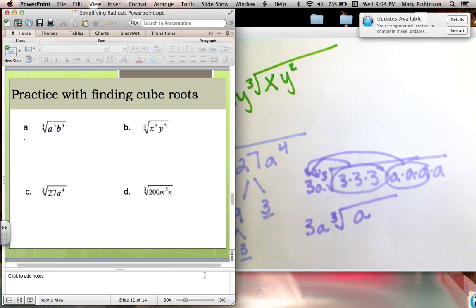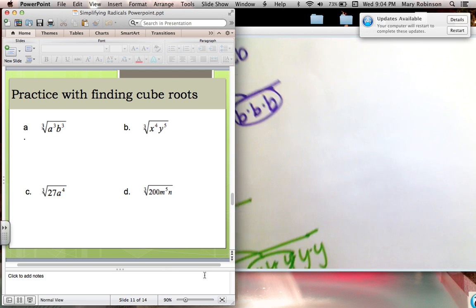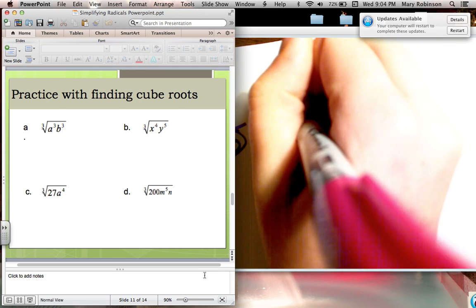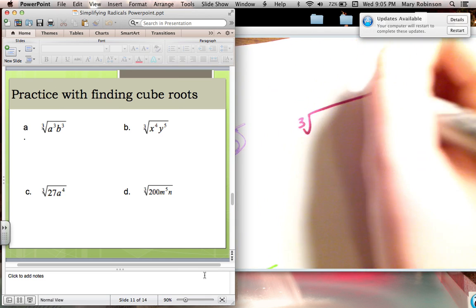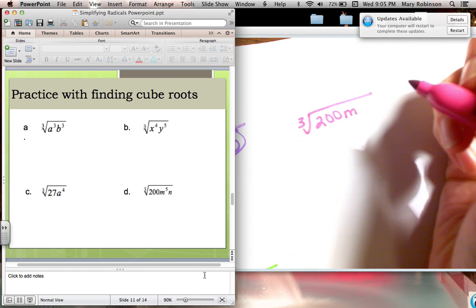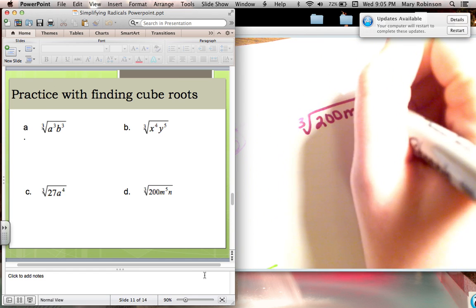Okay. And for the last one, I'll put it on the side. We have the cube root of 200m to the fifth times n.